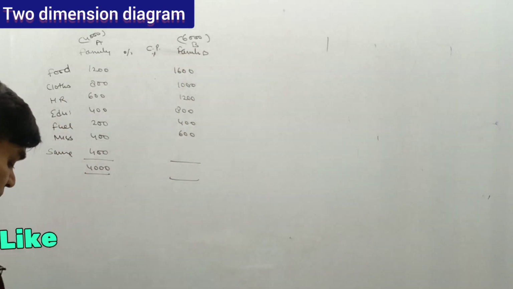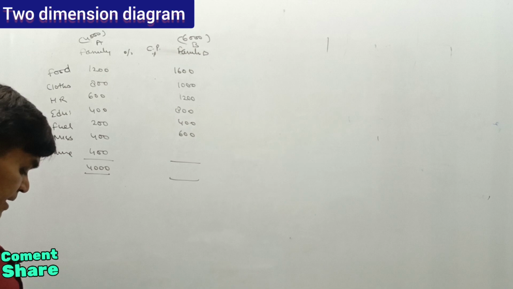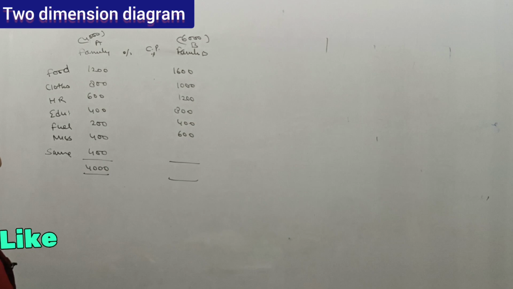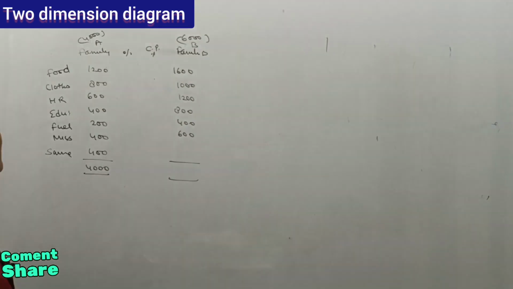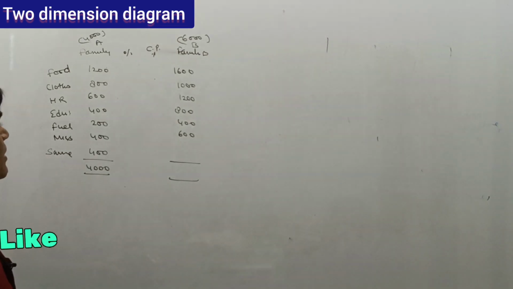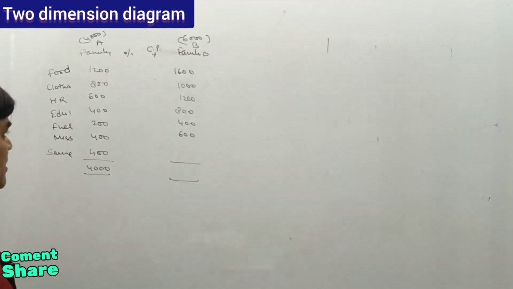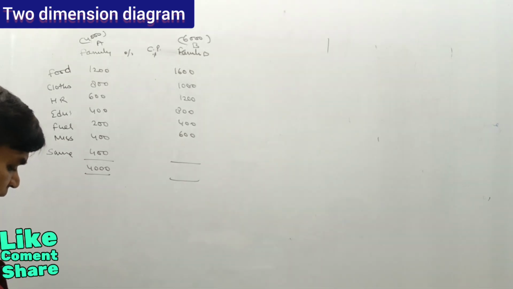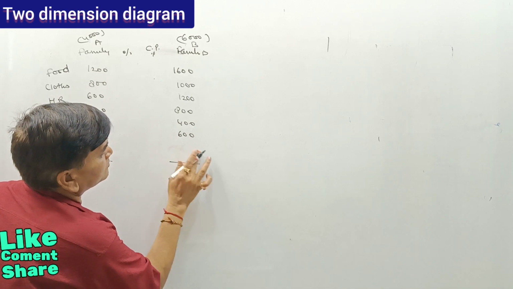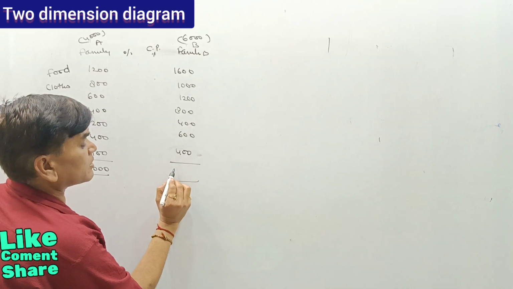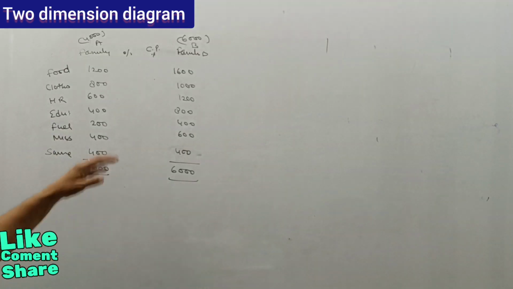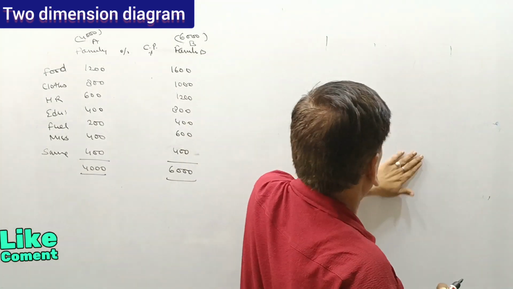The earning of this one is 6000: 1600 expenditure on food, 1000 on cloth, 1200 on house rent, 800 on education, 400 on fuel, and miscellaneous is 600, and this also has 400 as saving. So saving is equal for both families. We are to draw a two-dimensional diagram.